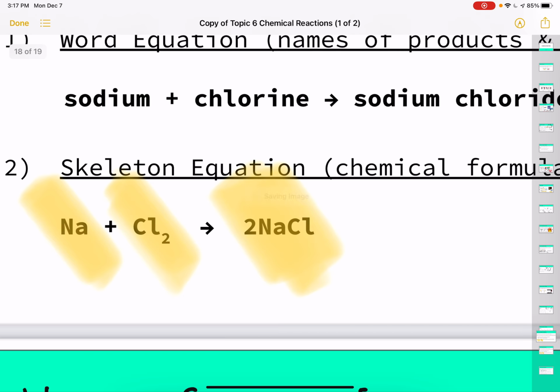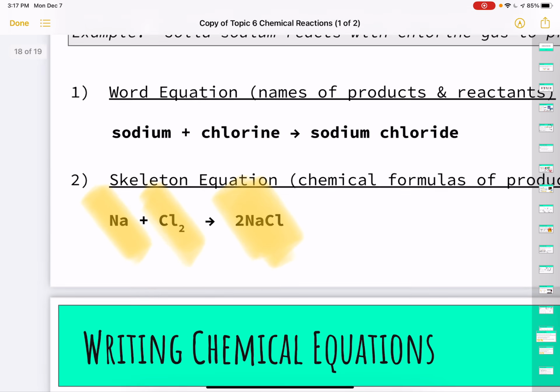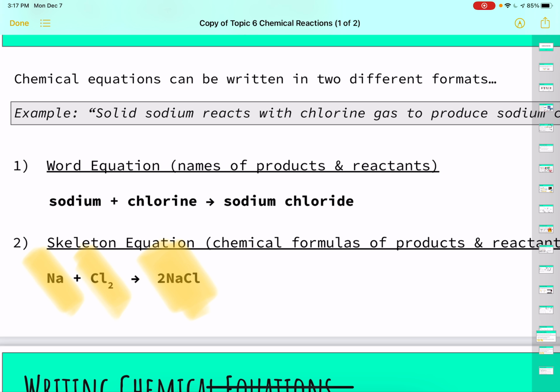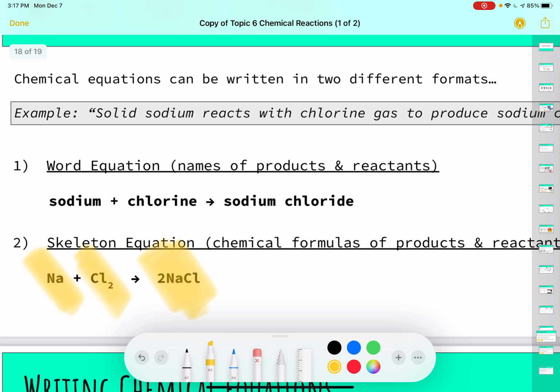That's how we would write that. That's what we've been doing so far, but you can also write it in words. So we could say sodium, which is Na, plus chlorine gas is equal to sodium chloride.